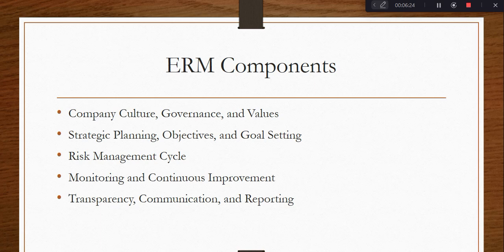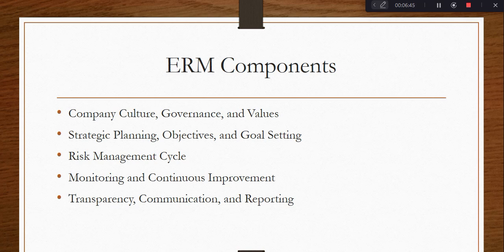The next thing is transparency, communication and reporting. As its name suggests, we need to be very transparent within the whole organization that this is the risk, this is the way we are going to mitigate it. This needs to be communicated across the organization. It is not like the CEO or the top management has decided we will do these things and they are keeping it to themselves.